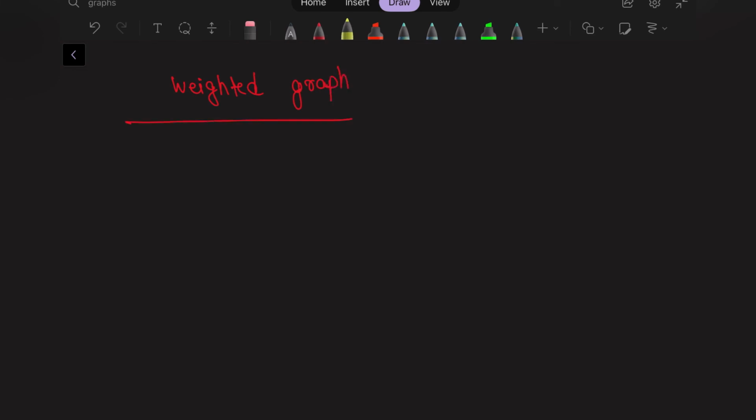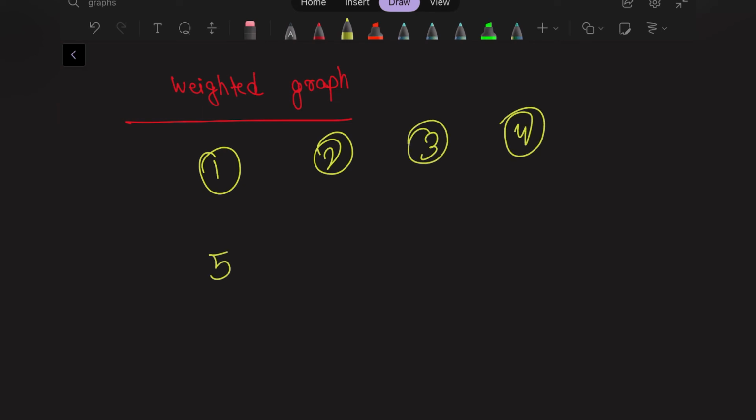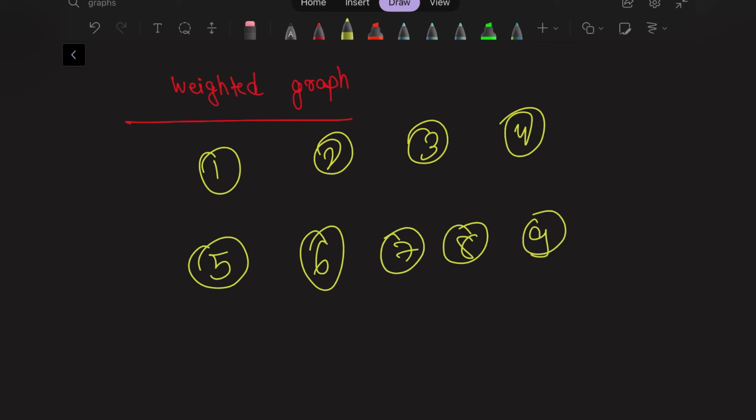Suppose we have nodes 1, 2, 3, 4, 5, 6, 7, and there are also costs associated with the edges. Suppose there are 2, 3, 8, 10, 12, 13, 15, 18, 20, 22.